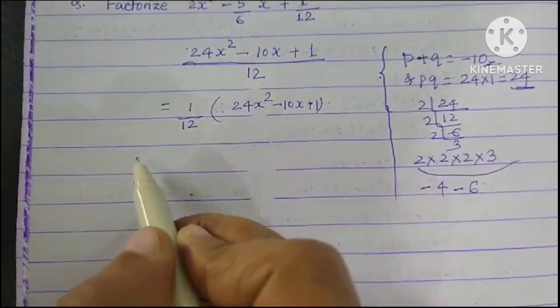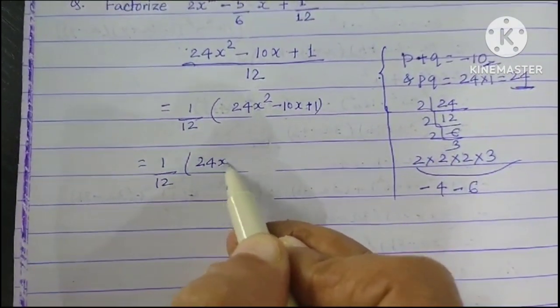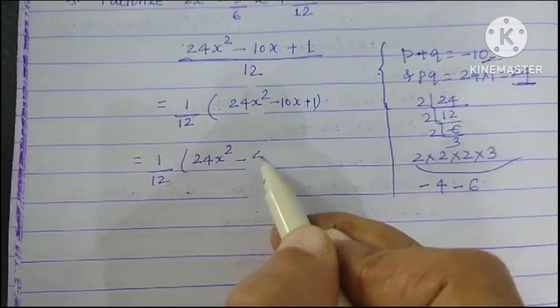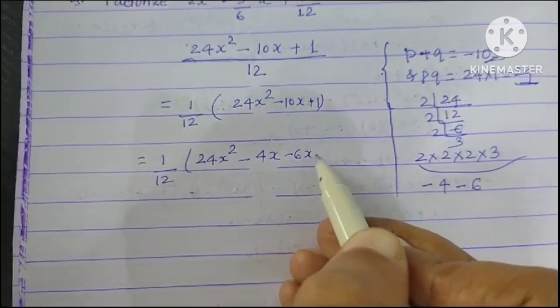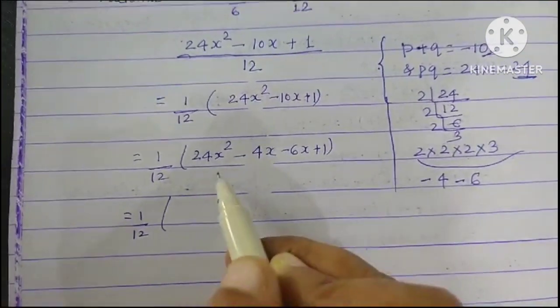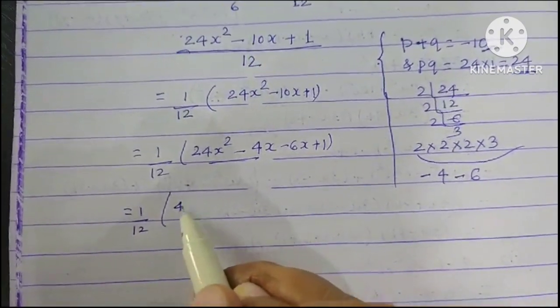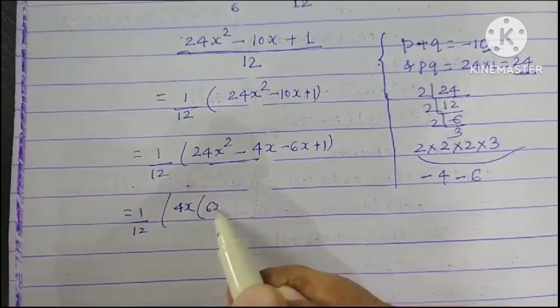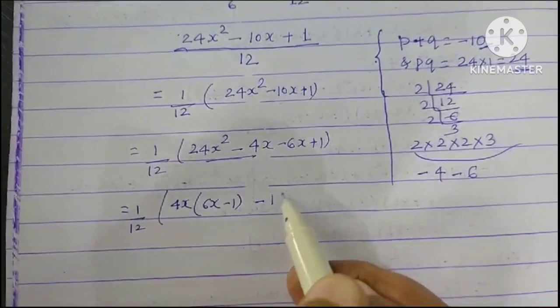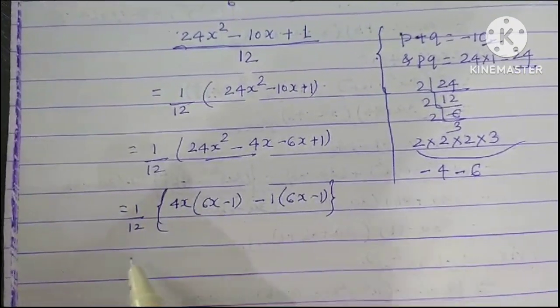So let us write it here, 1 by 12, 24x square minus 4x minus 6x plus 1. That will be equal to 1 by 12, and let us take 4x common, 4x, then here it will be 6x minus 1 and minus 1, 6x minus 1.